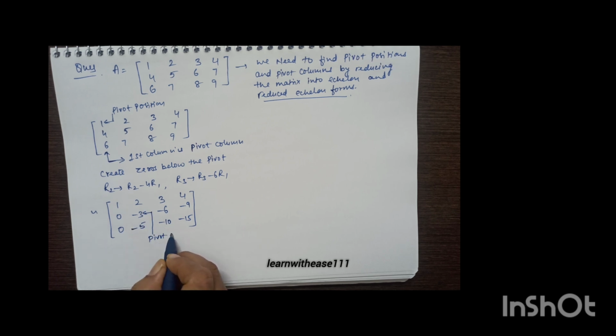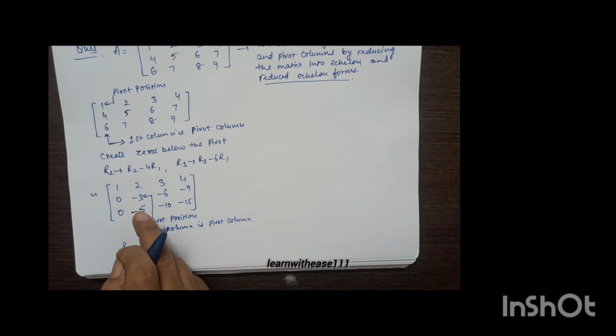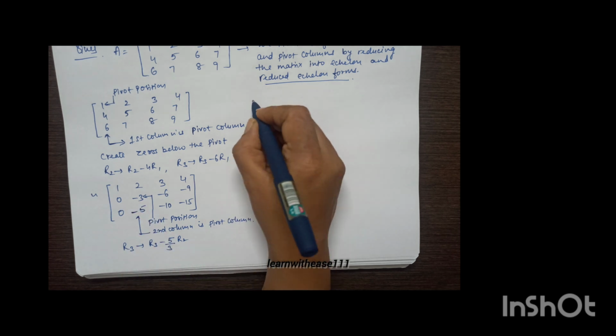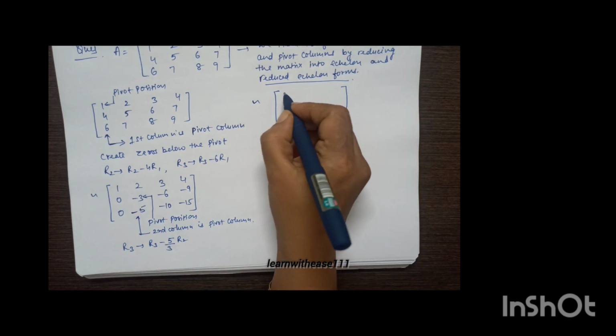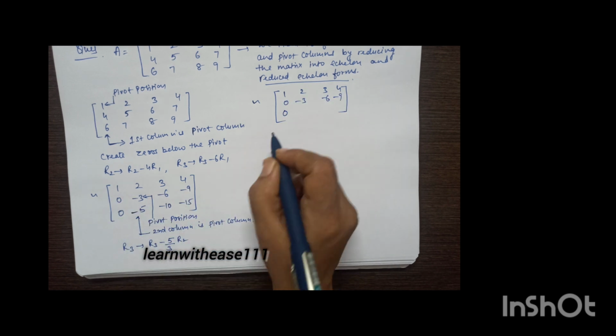Next you will see the A22 position is a pivot position because it is non-zero. Since the second column contains a pivot position, the second column is a pivot column. We take the help of the pivot position to make the element below it 0. So R3 goes to R3 minus 5 by 3 R2.